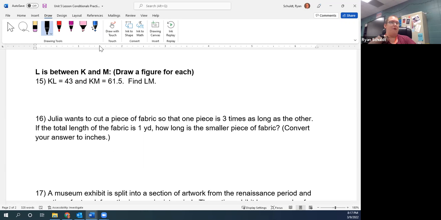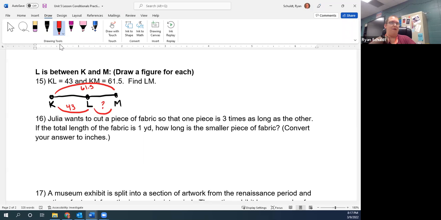Okay. L is between K and M. Draw a picture. Aye, aye, Captain. I shall draw a picture. L is between K and M. It says that KL is 43. KM, the whole thing, is 61.5. Find LM.